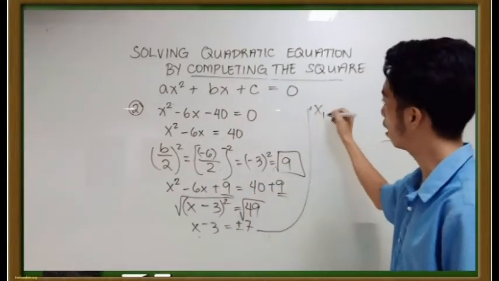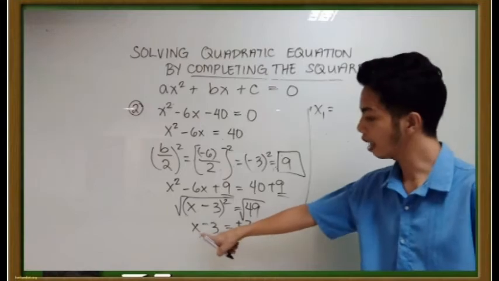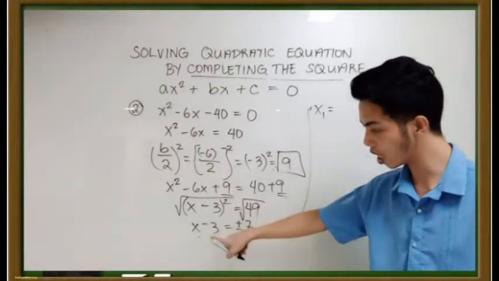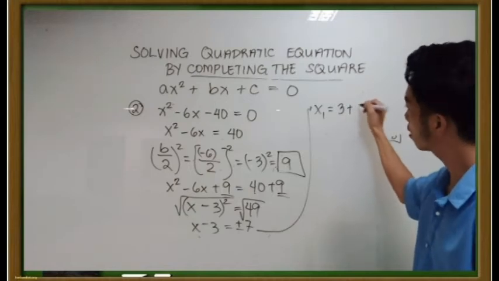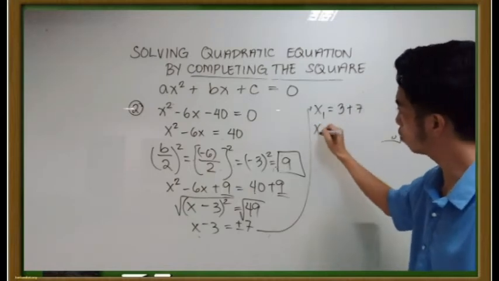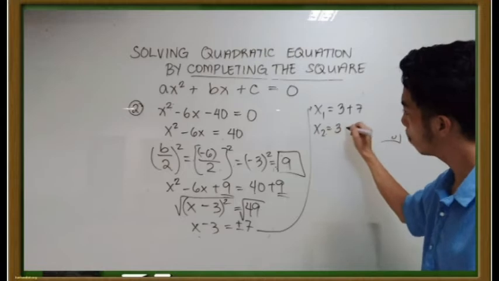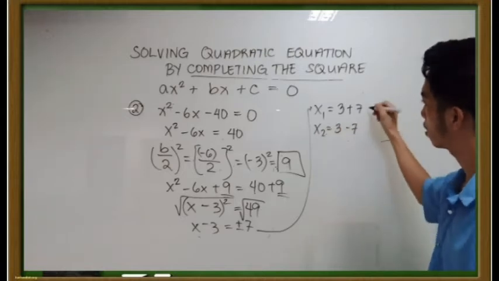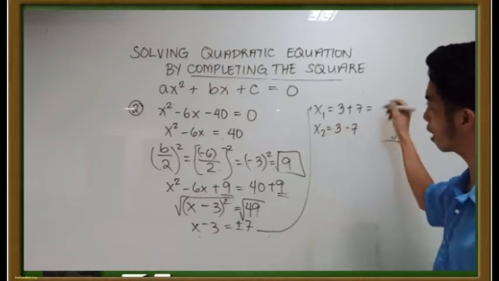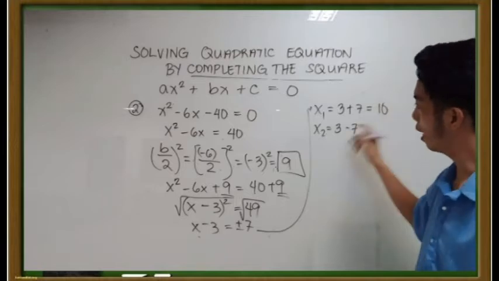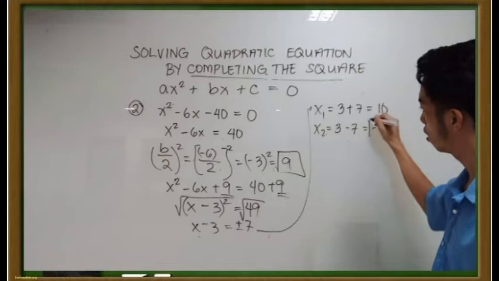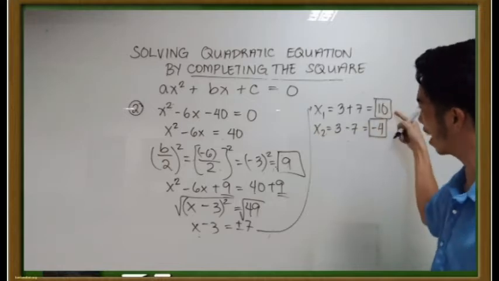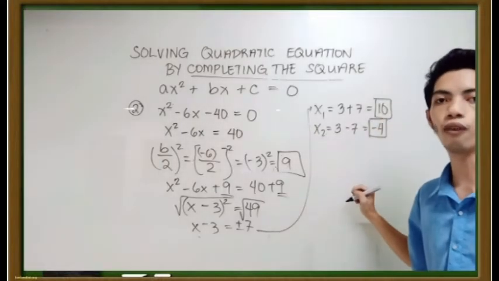So, x sub 1 is equal to, ang additive inverse ng negative 3 ay positive 3. So, 3 plus 7. Yung x sub 2 ay 3 minus 7. X sub 1 will give us 3 plus 7 is 10. And x sub 2, 3 minus 7 will give us negative 4. So the solutions are 10 and negative 4.